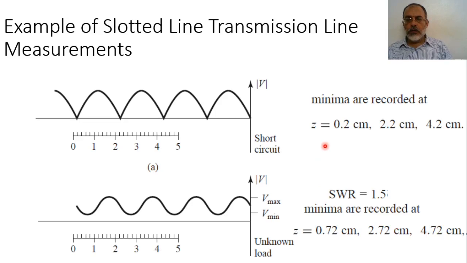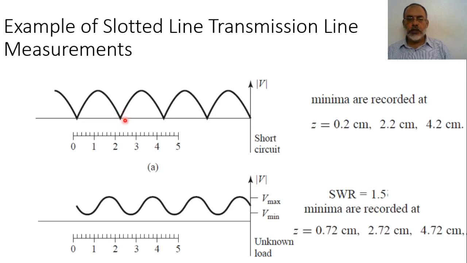Now, from these results, we can say that the distance between two successive minima is 2 centimeters. That means the wavelength would be 4 centimeters, because the distance between two successive minima is lambda over 2. So lambda here is 4 centimeters.